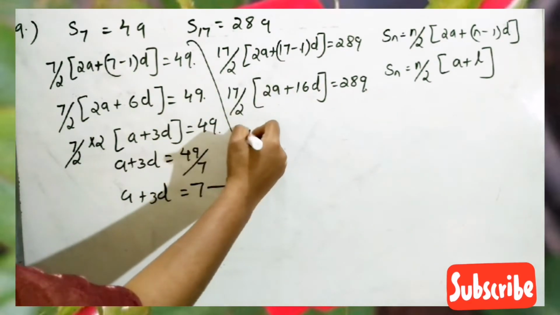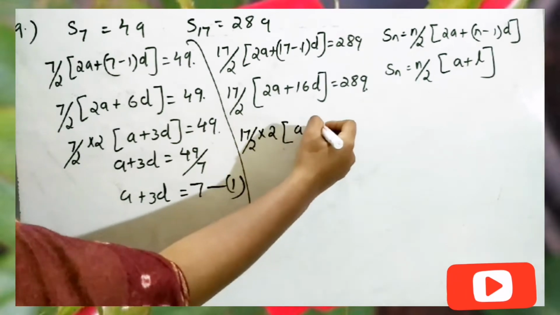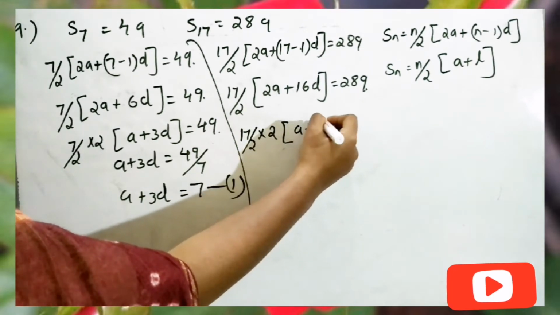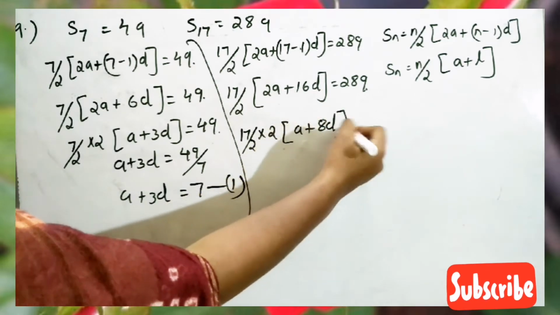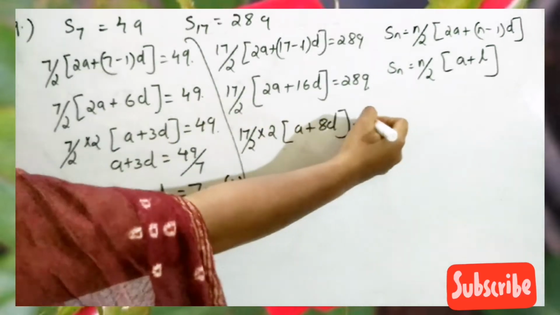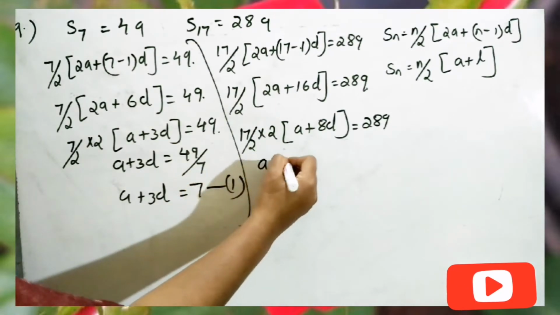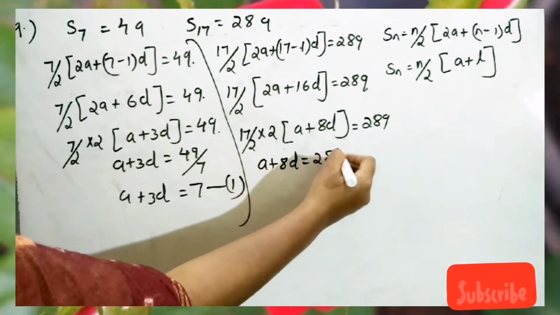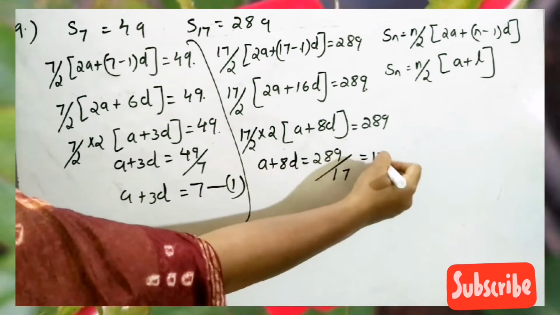Take it outside. 17 by 2 into 2 into a plus 8d is equal to 289. 2 gets cancelled and a plus 8d equal to 289 divided by 17. That is equal to 17.